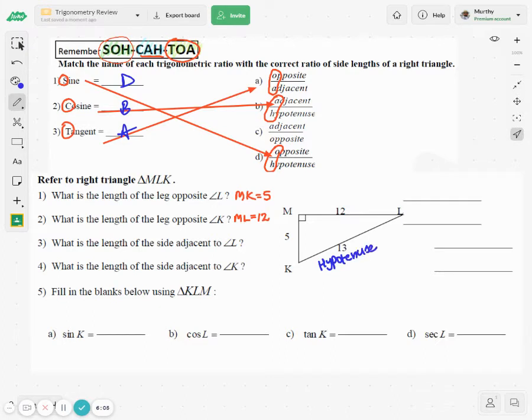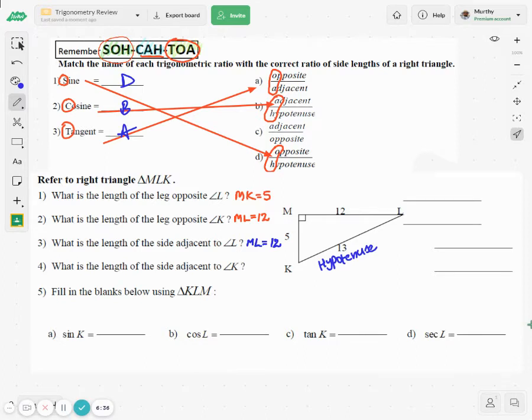Therefore, adjacent to L, I cannot take this because I already named it as hypotenuse. Therefore, I have to take this side as the adjacent side to angle L, which is ML. The value is 12 units.